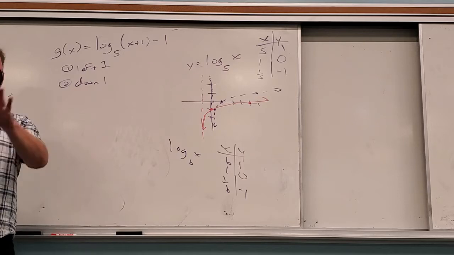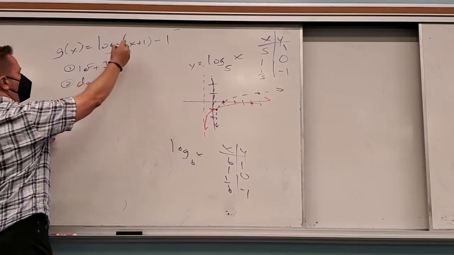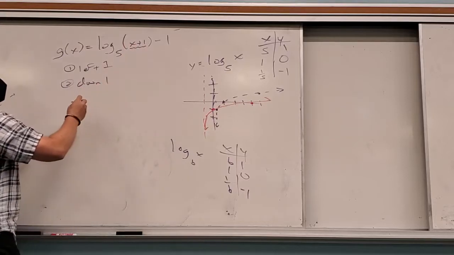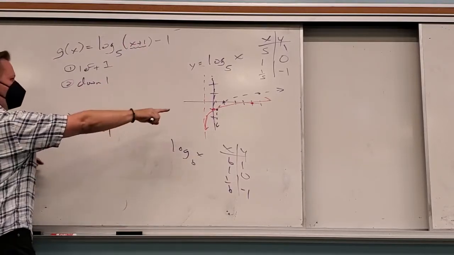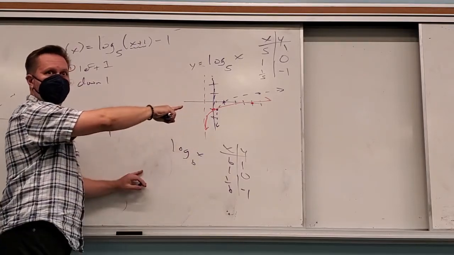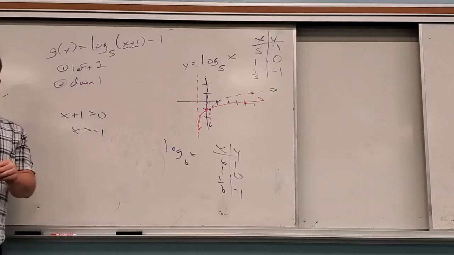And real quick, do you guys remember how to find this guy's domain? What's got to be true about this? It has to be greater than 0, so x has to be greater than -1. Is that what the graph says? You gotta check what you did.